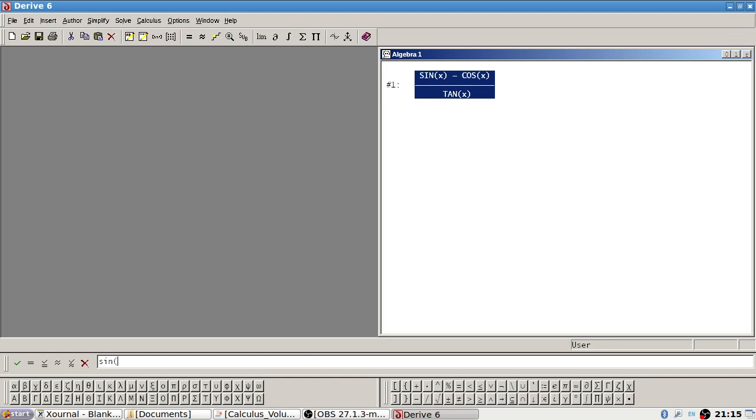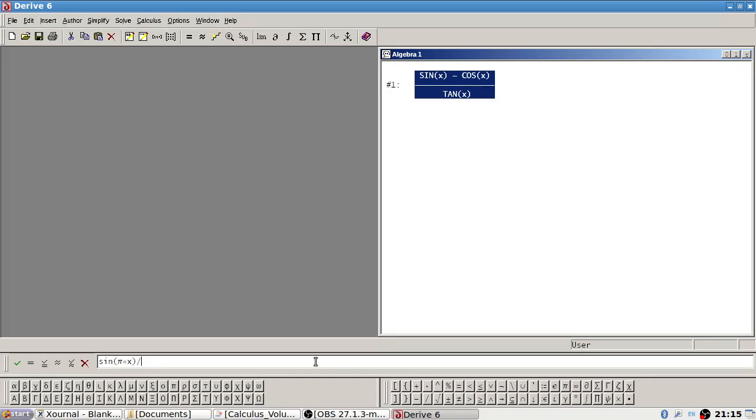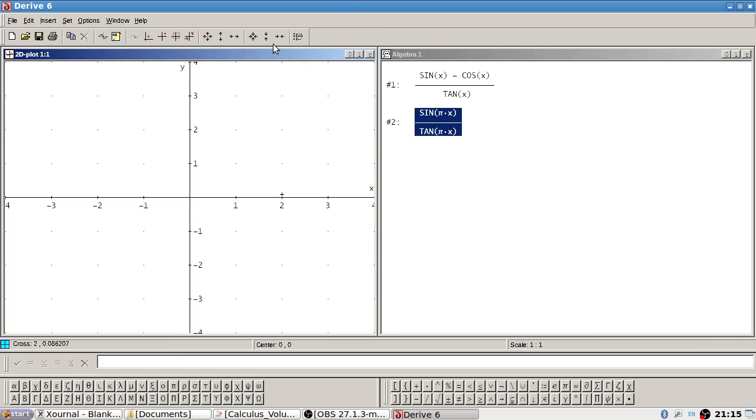is sine pi x over tan pi x. Yeah, it's removable at 1.